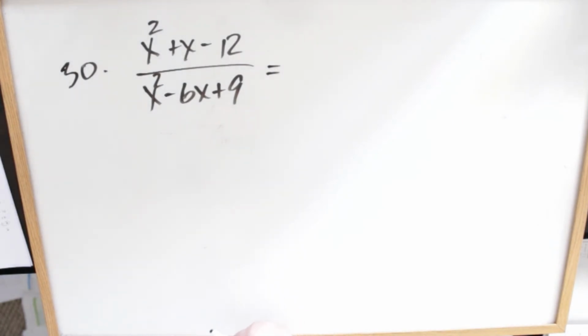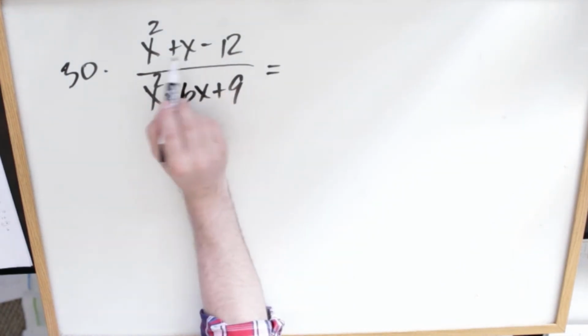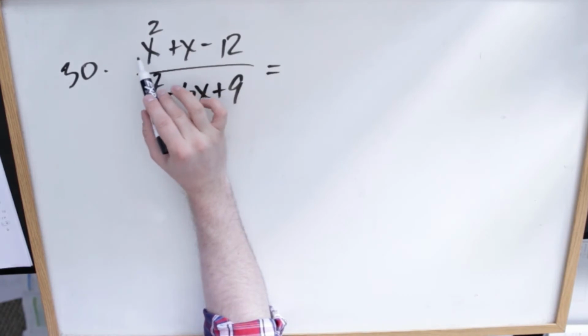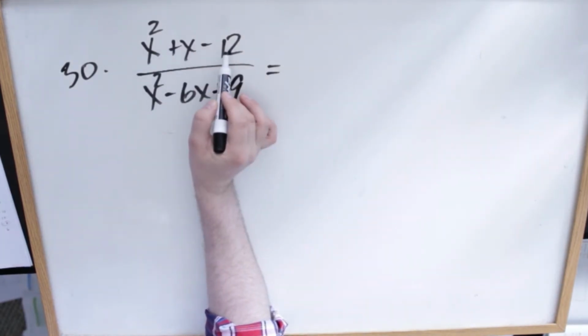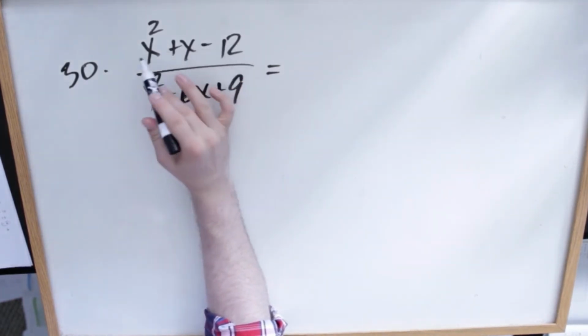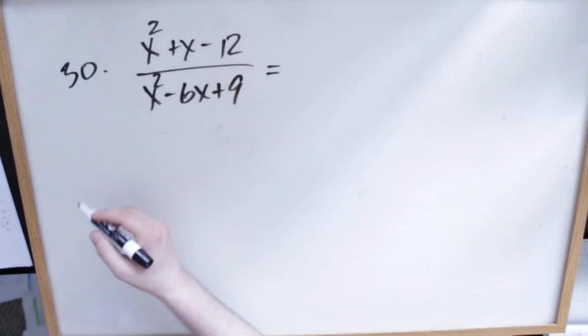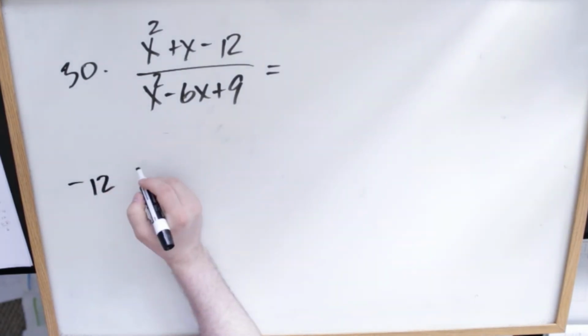So here's what we're going to do. We're going to do the factors just like we did in the previous chapter. So remember, we do a times c, so a is 1, c is minus 12. In this case, it's just going to be the minus 12, okay? Because a is 1, c is minus 12, 1 times minus 12 is minus 12. So we need to find all of the factors of minus 12, okay?